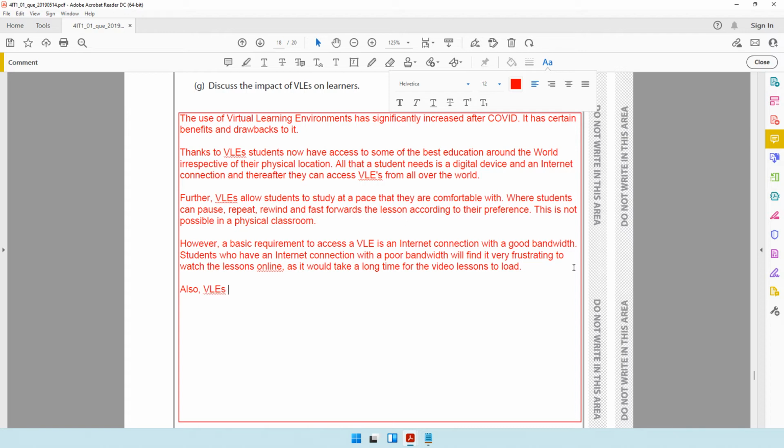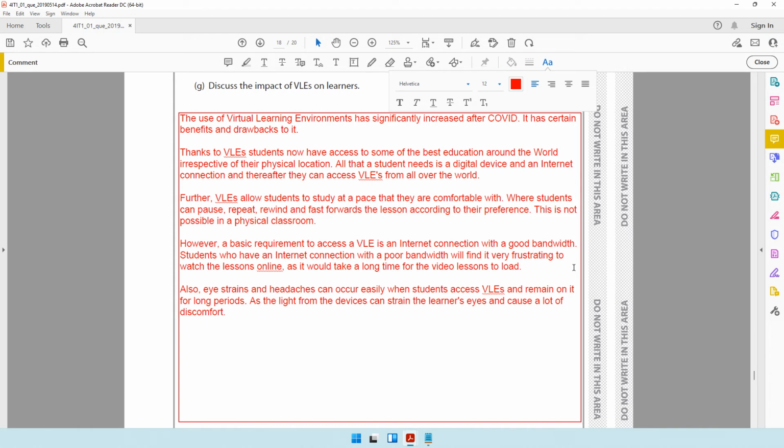You can say eye strains and headaches can occur easily when students access VLEs and remain on it for long periods, as the light from their devices can strain the learner's eyes and cause a lot of discomfort.